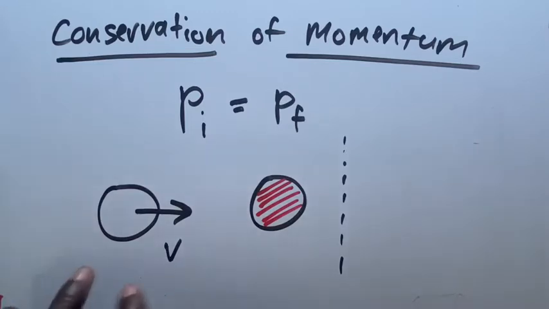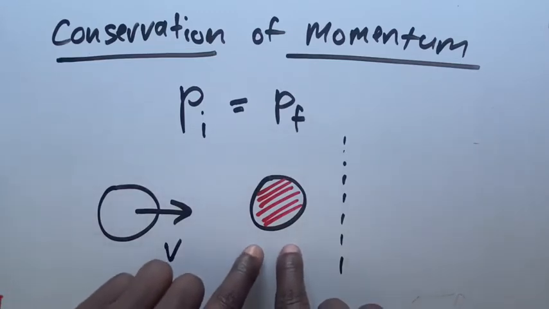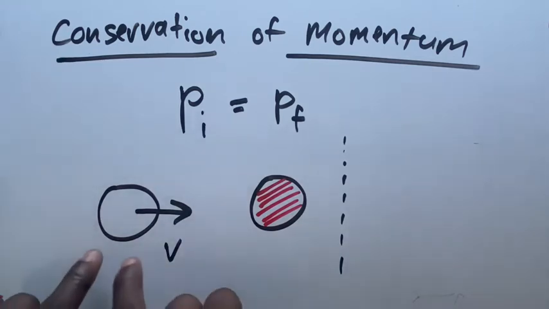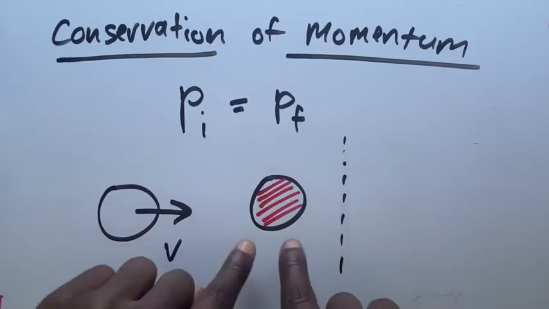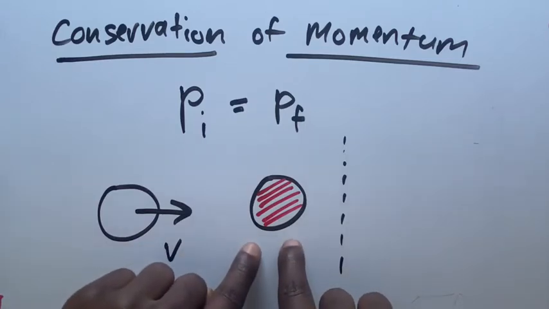It's not moving. If we have this other ball coming in, this ball hits this ball. This white ball is basically going to transfer all of its momentum to this other ball.